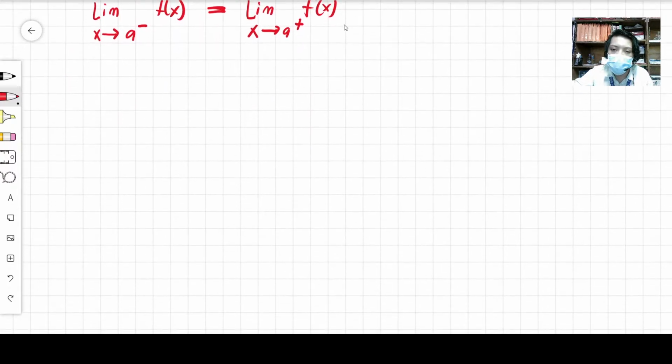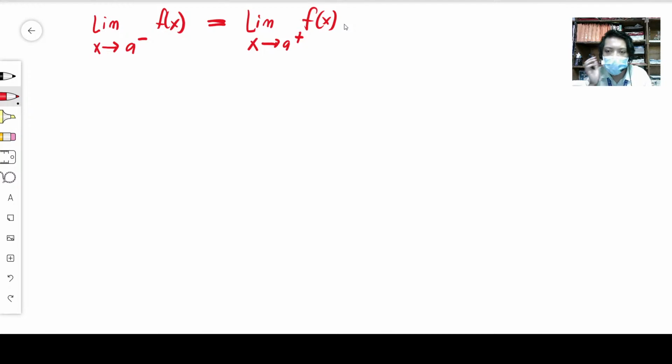Let us have another example. Where does the limit not exist? Let us use example number 3. We have here the limit of 1 over x minus 2 as x approaches 2.